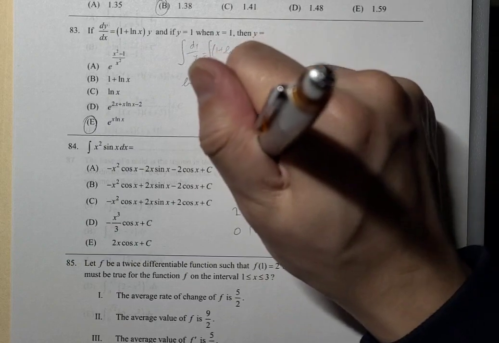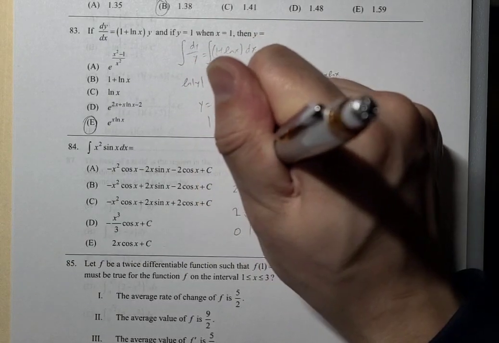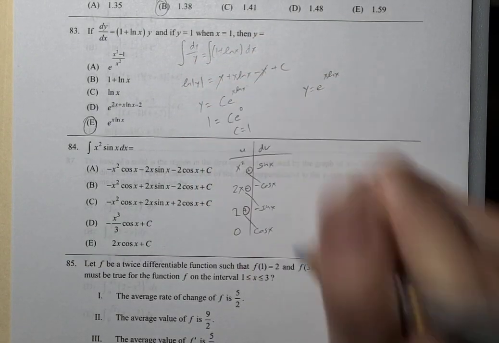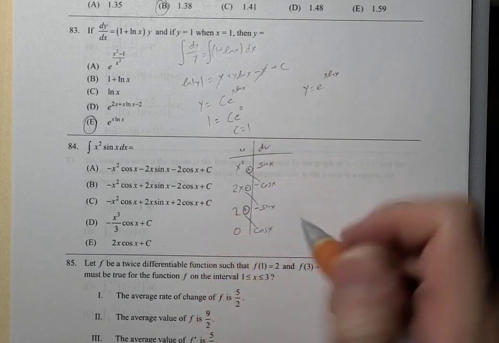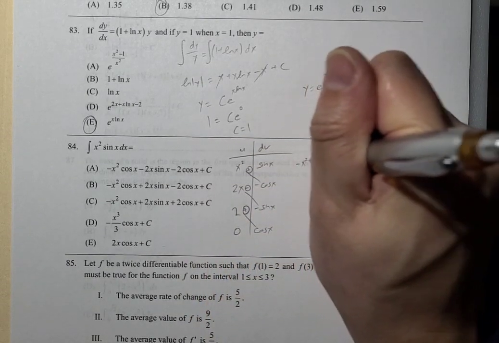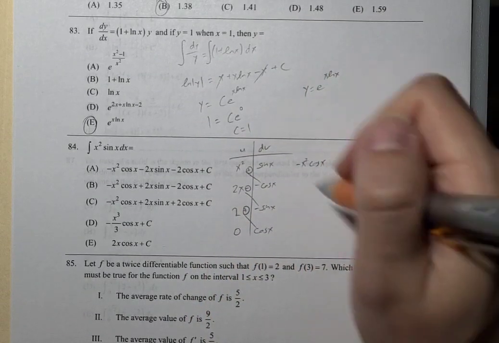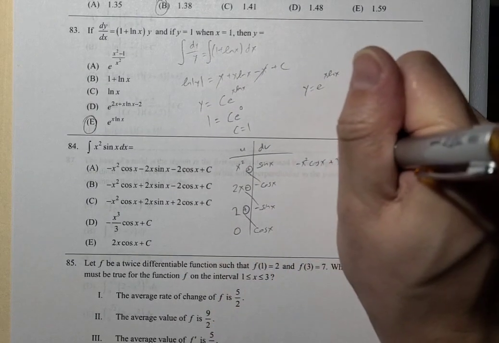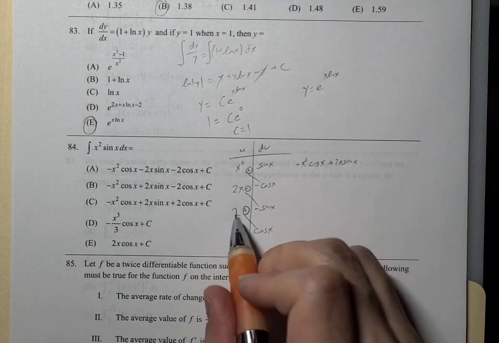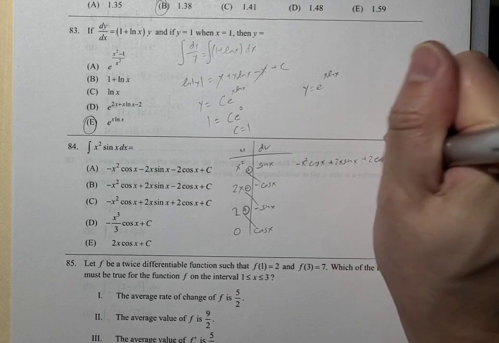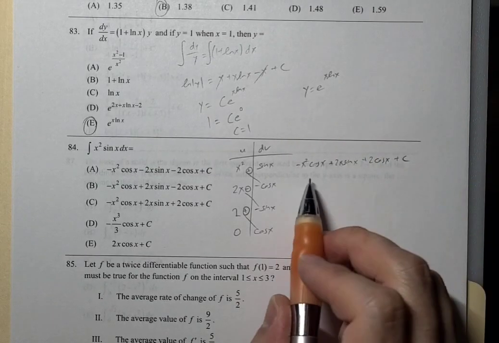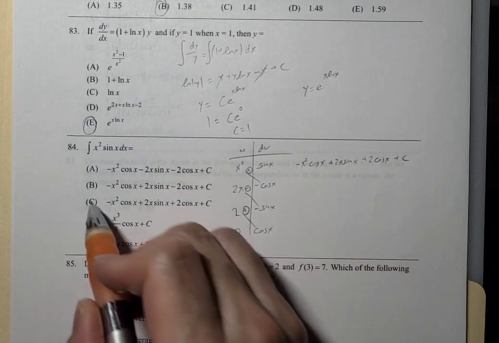Okay, we go diagonally and we alternate sign. So we follow the arrow, it'll be minus x squared cosine x. We follow the arrow, that'll be plus 2x sine x. Follow the arrow, that's plus 2 cosine x plus c. That's choice C.